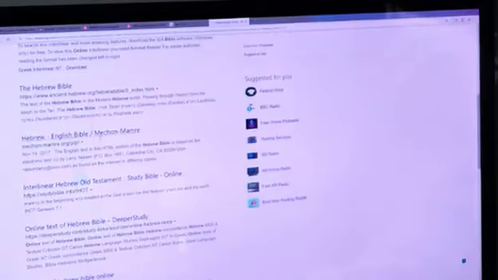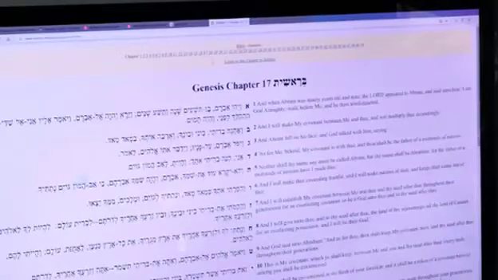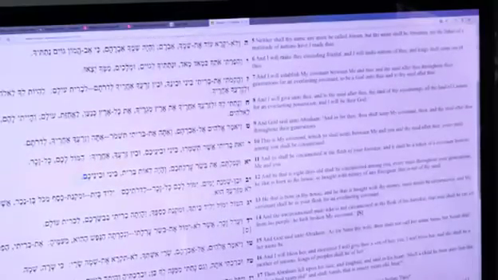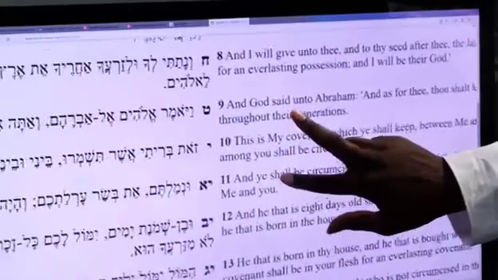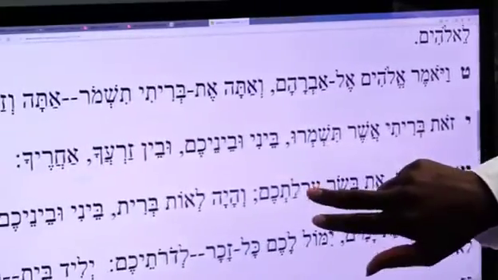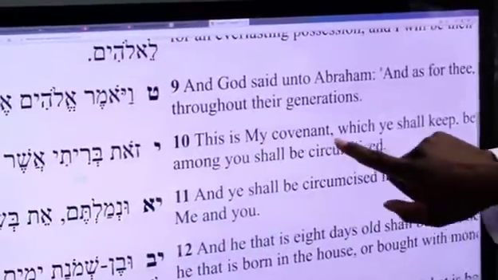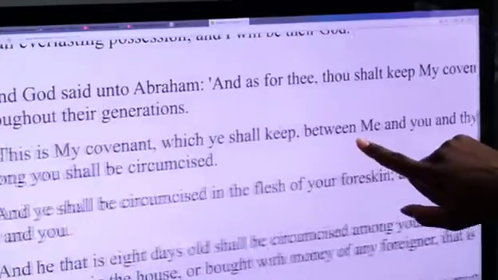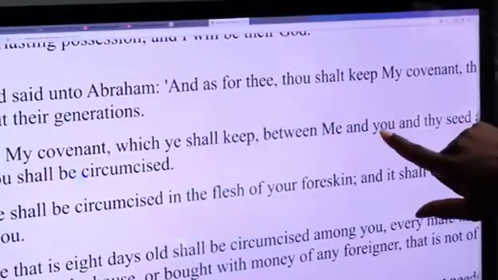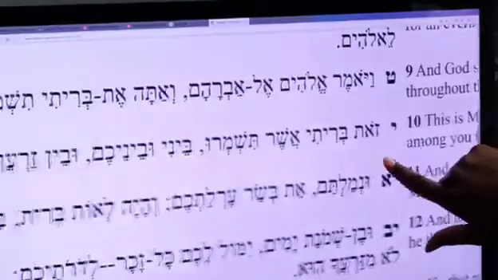All right, this should work here. Let's go to Genesis 17, verse 10. Okay, perfect. So it says here, this is my covenant which ye shall keep between me and you.